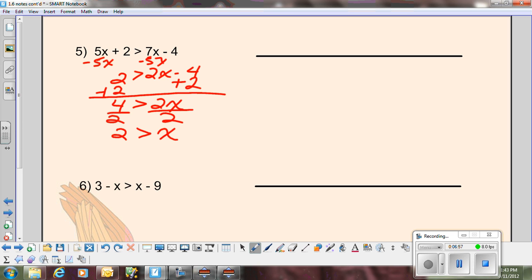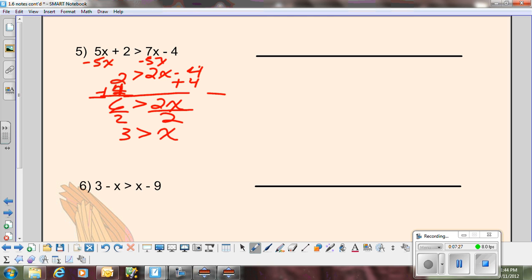Now, for a final answer on these, if you do it this way, you move the 2 to that side. Oh, so we probably want to add 4, huh? So that makes it 6 over 2.